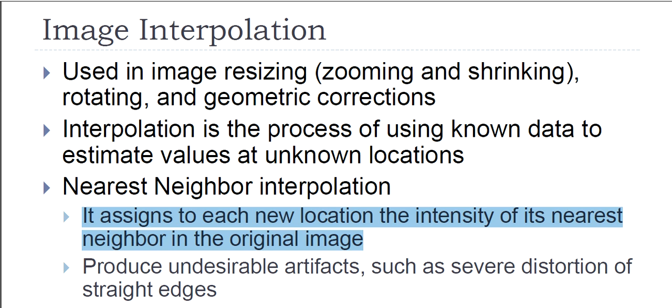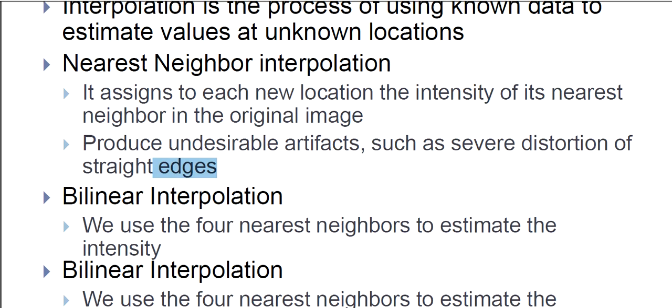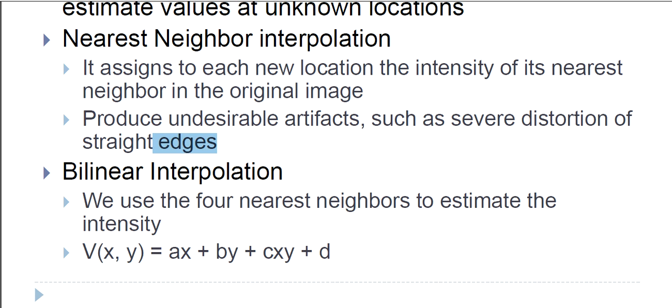This has some disadvantages: it may produce undesirable artifacts like distortion of straight edges, because we are just using a known location value for unknown locations. That is nearest neighbor interpolation. Then we have bilinear interpolation. Here we use the 4 nearest neighbors to estimate the intensity.